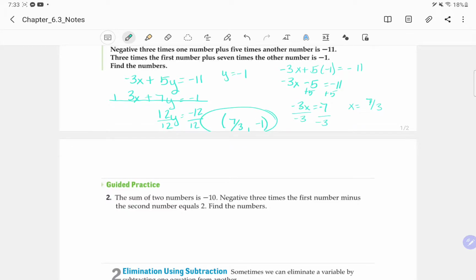There's our point. I lied. I knew something wasn't right there. That's why I was pausing. Negative 11 plus 5 is negative 6. So that's negative 2. So it's (negative 2, negative 1). Knew something wasn't right.